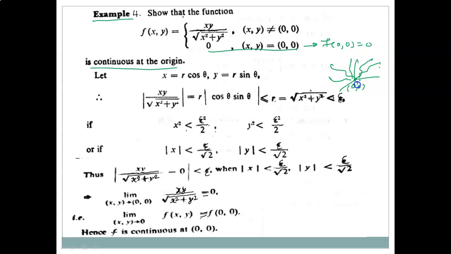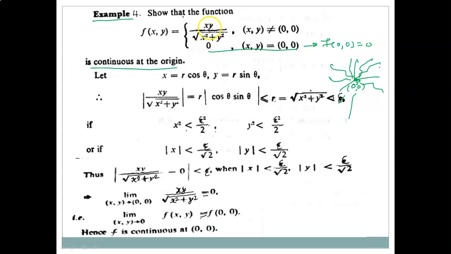So you cannot check all those. You can check only some standard ones. So for the standard ones, if you approach along the x-axis, along the y-axis, along the parabola y equal to x², along the parabola x equal to y², etc., the value comes out to be 0, and the function looks like a continuous function.